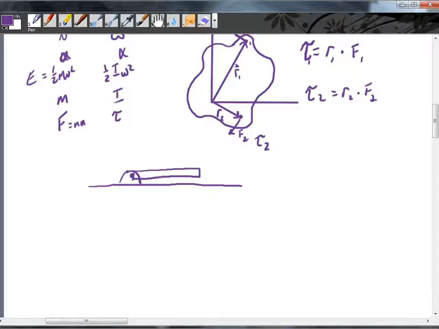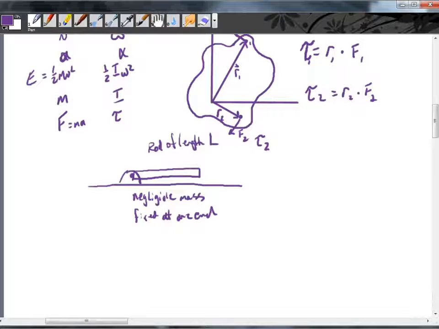Okay, I want you to assume that this is another rod of length L, negligible mass, and fixed at one end.